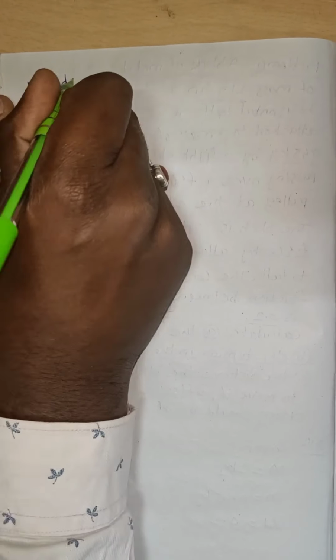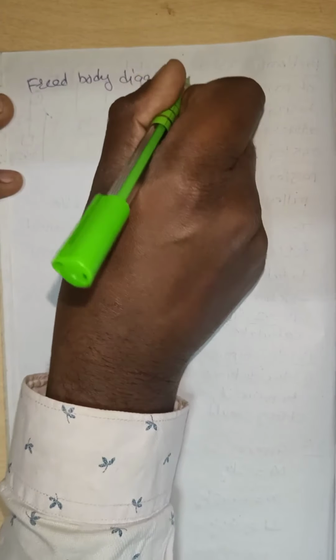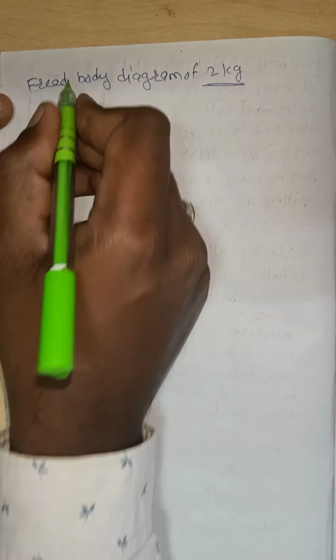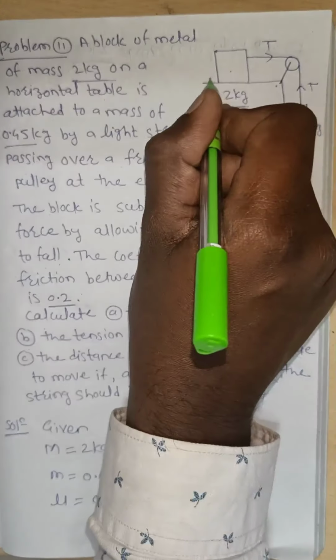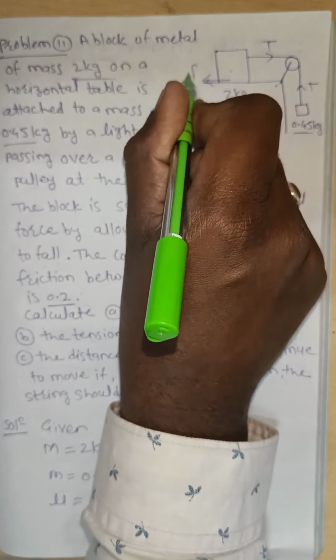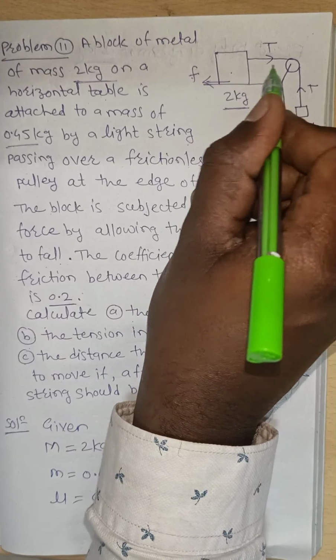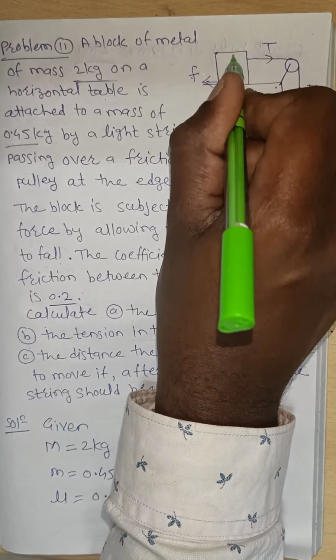On this 2 kg mass, the tension force is in the right-hand direction. The friction force is opposite to the motion, and then there are the normal force and the gravitational force.